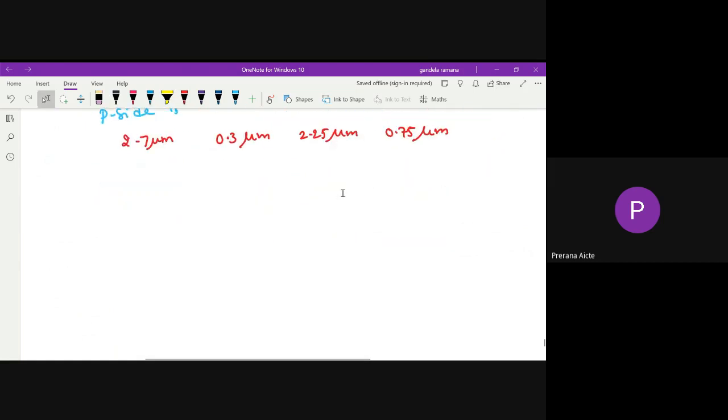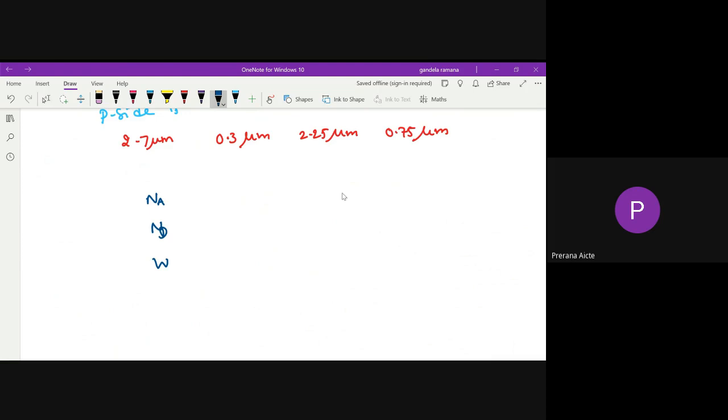In the previous case they asked for the relation. In this case they are asking for the P side depletion region. What have they given?